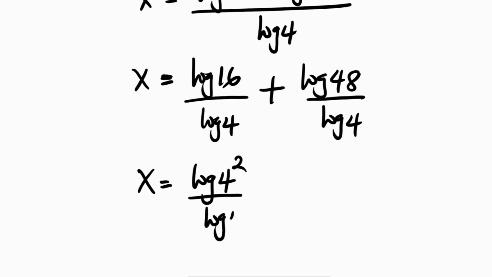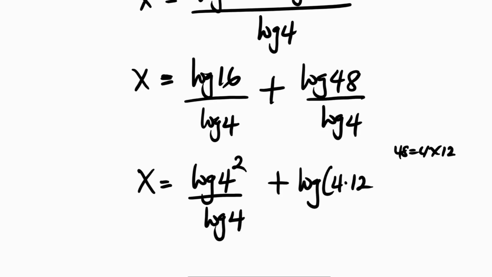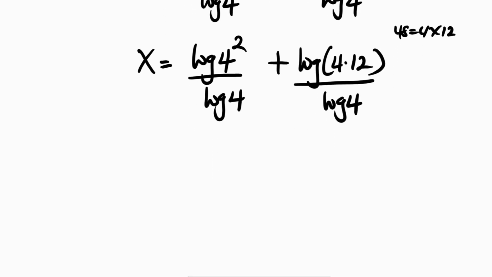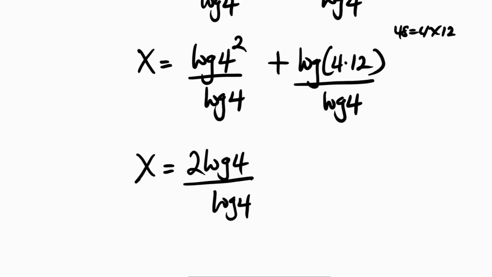And then we know that 48 is the same thing as 4 times 12, right? So now we have log of 4 times 12 divided by log of 4. Now x is equal to 2 log 4 divided by log 4, right?